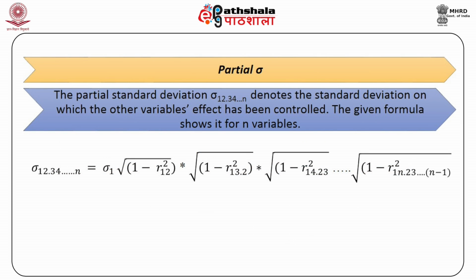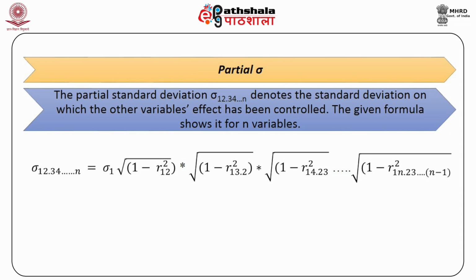The partial standard deviation sigma 1.234 till n denotes the standard deviation on which the other variables' effect has been controlled. The given formula shows it for n variables.